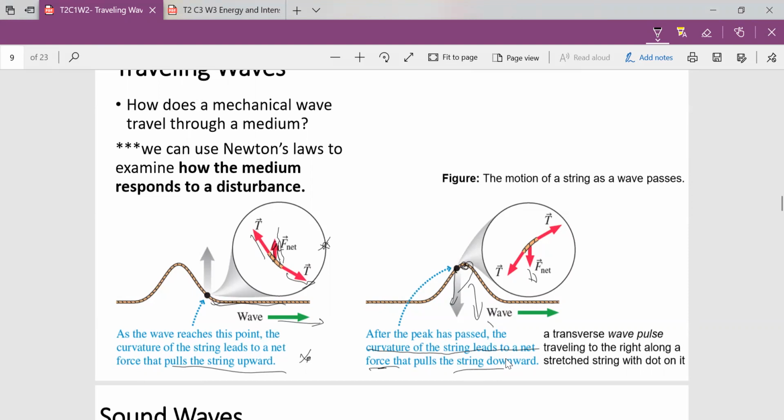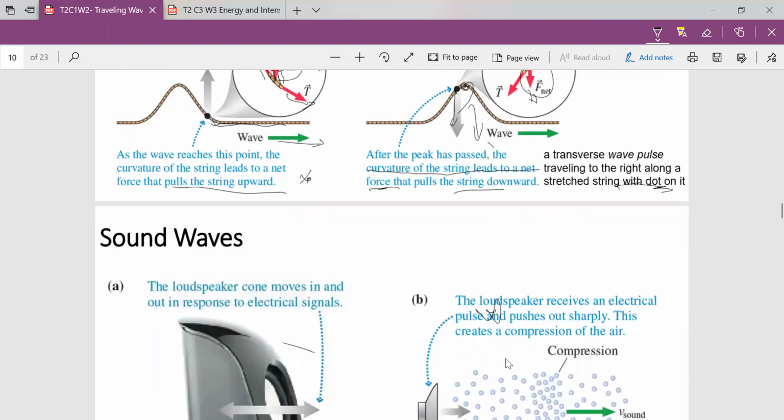So a transverse wave pulse traveling to the right along the stretched string has a net force pulling it up, and a net force pulling it down. That is exactly how these forces control the material medium to bring about the motion of that wave, and that is how the medium responds to the disturbance caused by the wave.